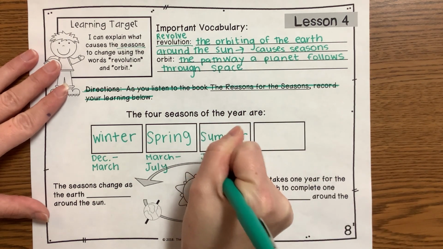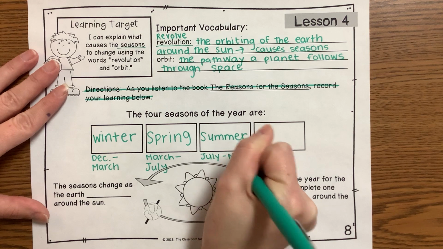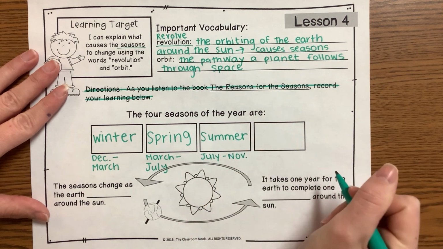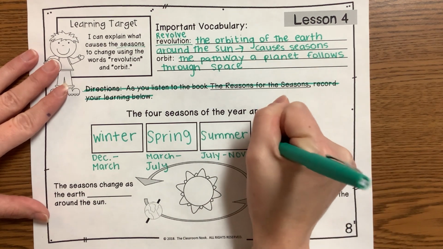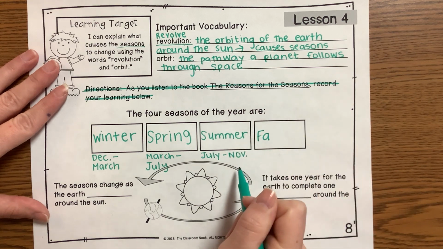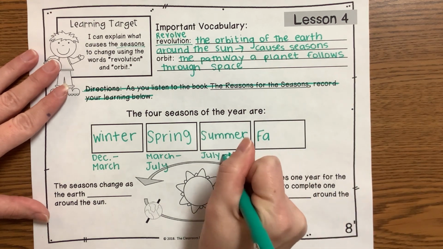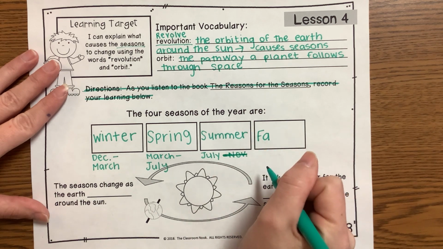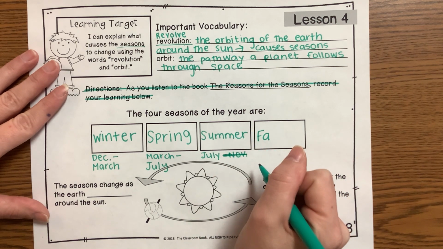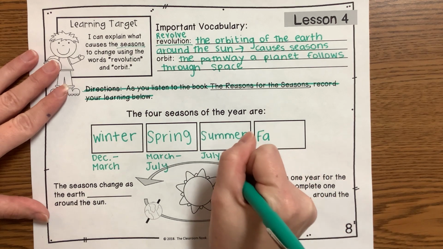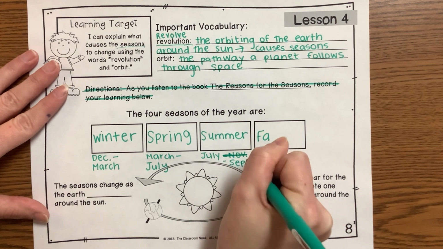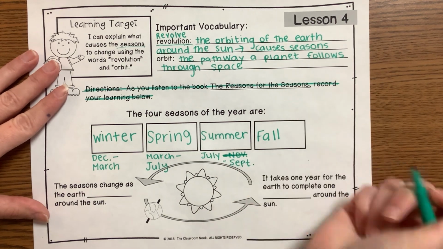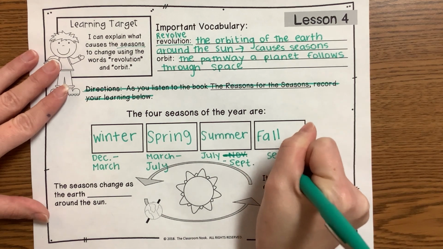Summer is from July to November. And then we have fall. Oh, that's not right. This is to September. And then fall is from September to December.